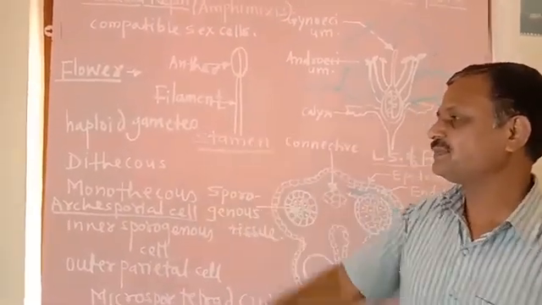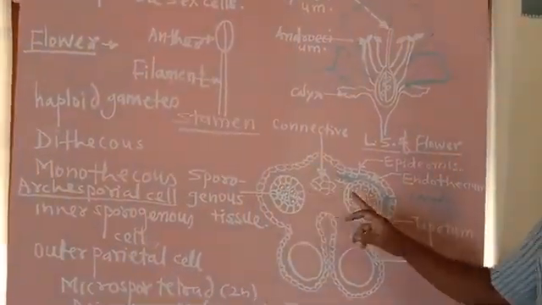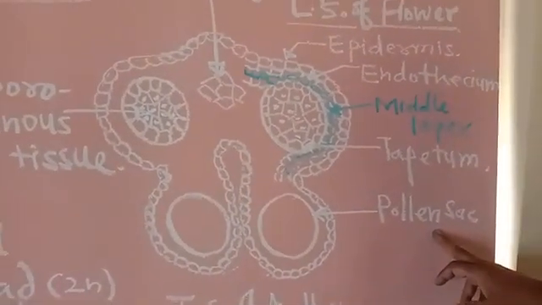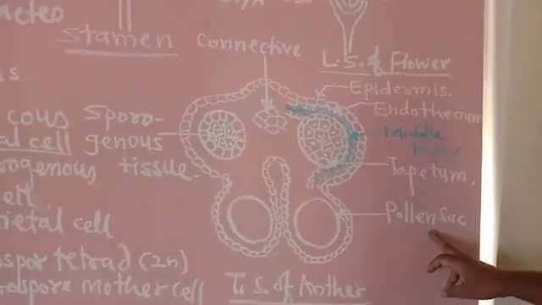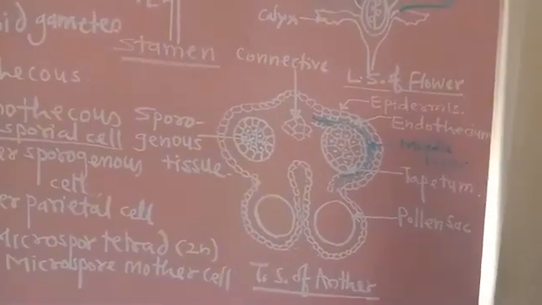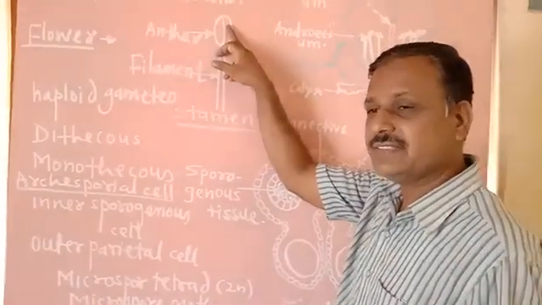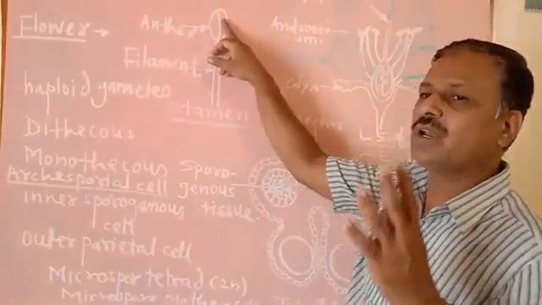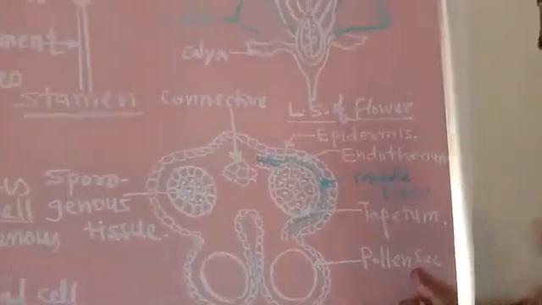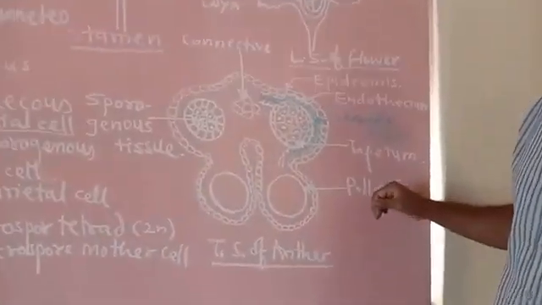Dithecous anther consists of 4 pollen sacs and hence is called tetrasporangiate.